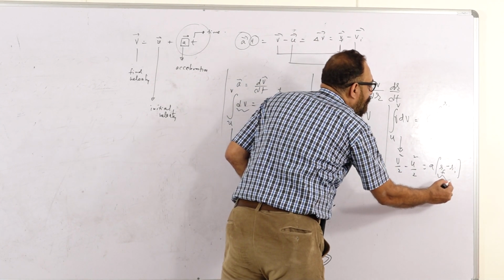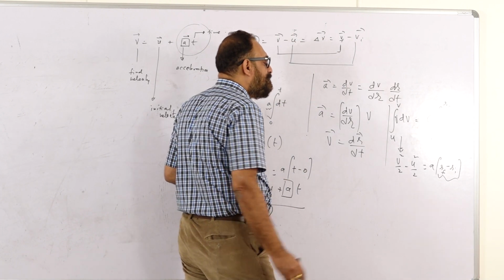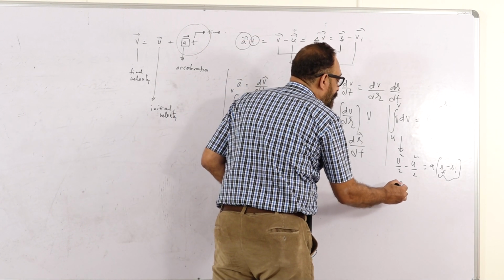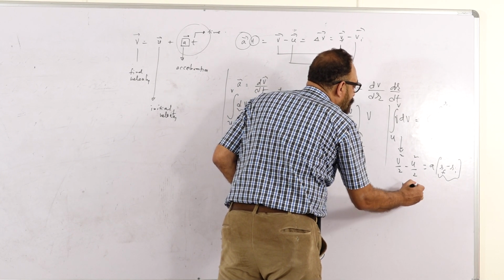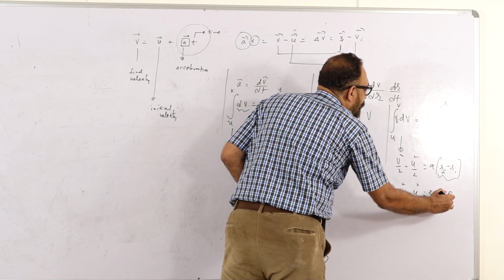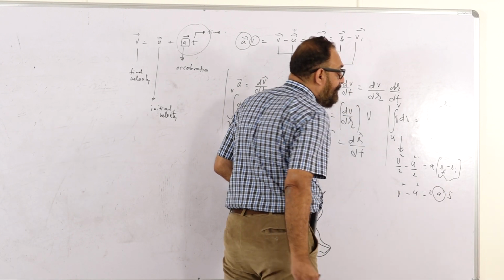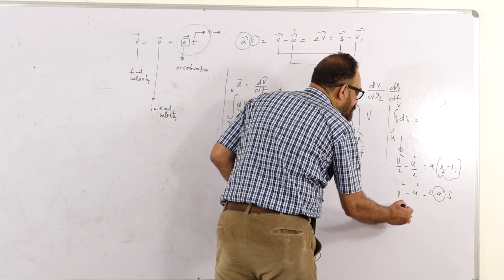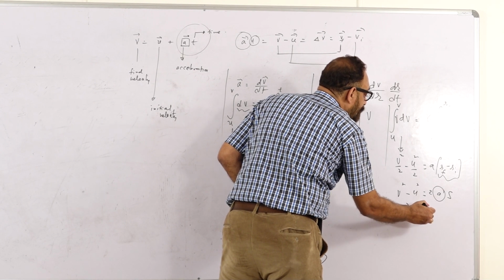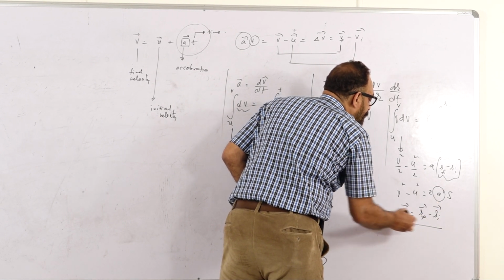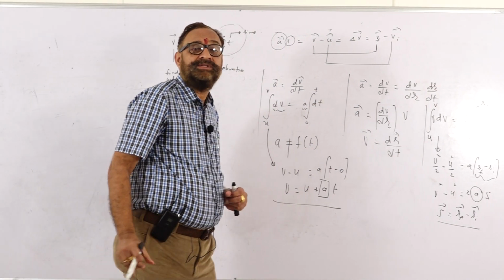We already told that change in position is displacement. So from this relation we get that v square minus u square is 2as. Remember, a is a constant, and this S is what is called the displacement, which we can write as Rf minus Ri. So that's where it is.